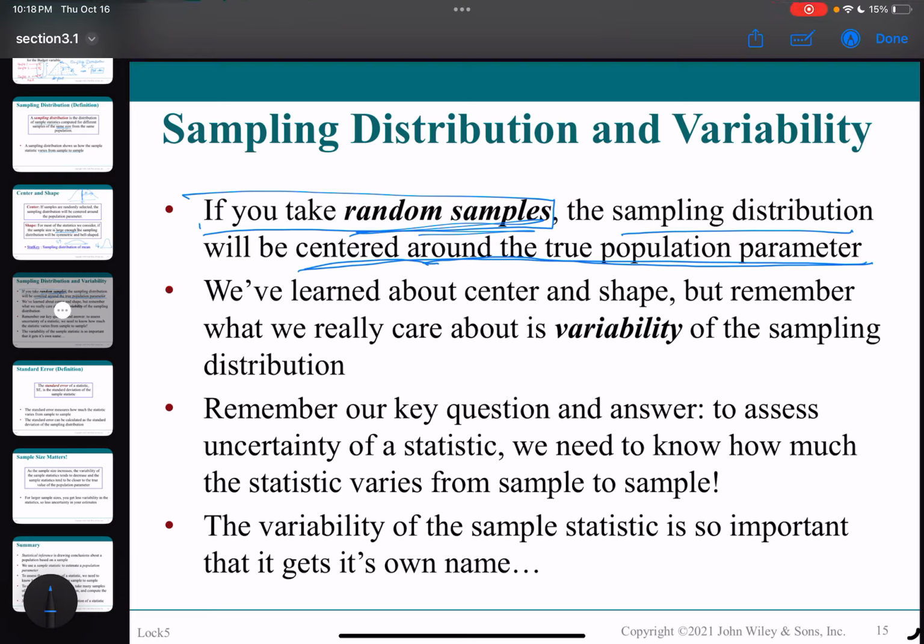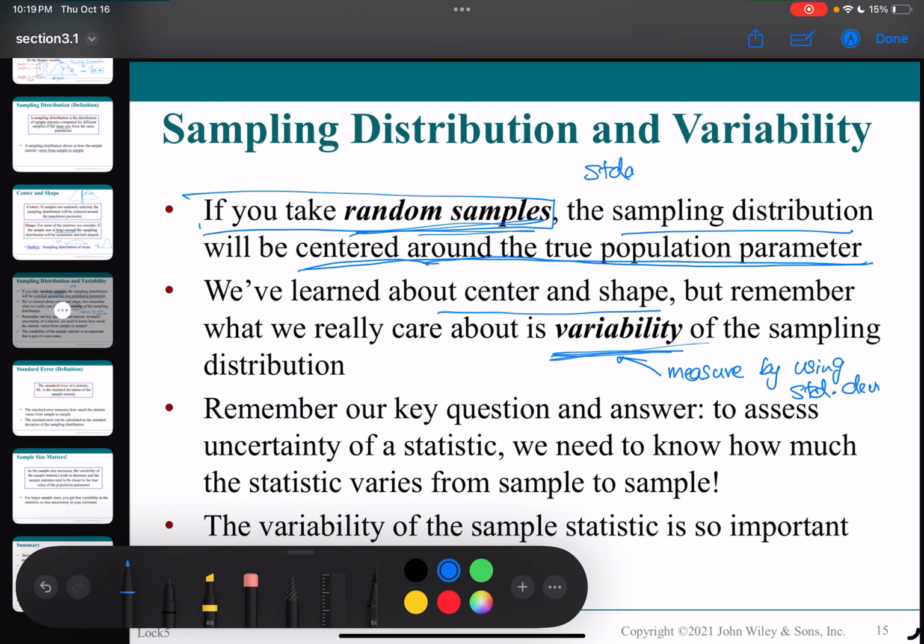The center and the shape we talked about in chapter 2. The variability we measure by using the standard deviation. Here in StatKey, sometimes they use another word for this standard deviation, especially in this chapter: standard error.